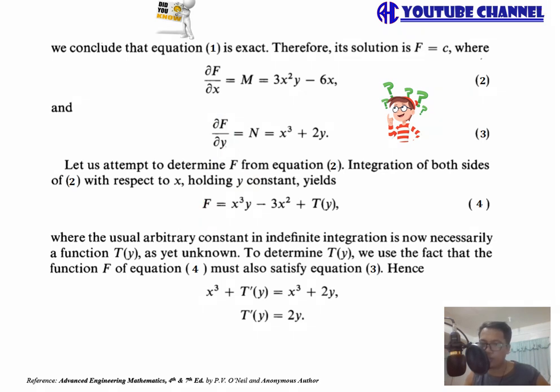Okay, let's continue. Pag i-derive natin ito with respect to y, ito yung variable lang natin, tapos ito magiging constant. So ano magiging sagot niyan? So magiging x cubed minus 0 plus the first derivative of the function of t with respect to y.